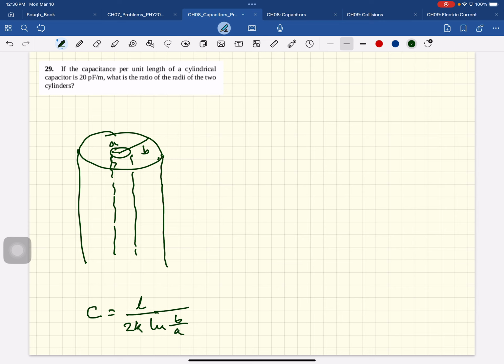So what they're asking for is the ratio of the radii of the two cylinders. They're asking for the ratio of this B over A, this fellow. Okay, and they give you the capacitance per unit length.